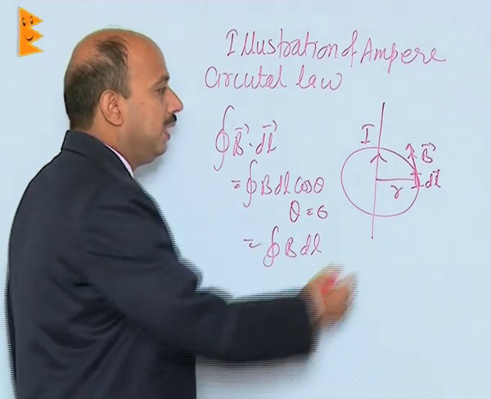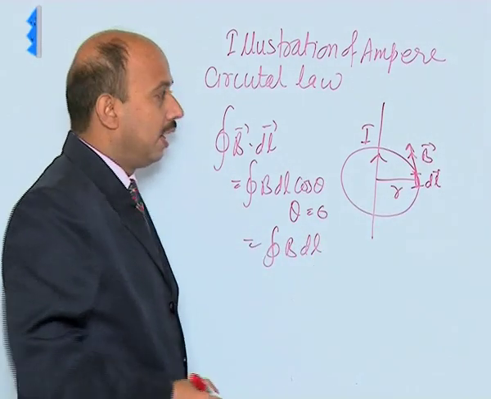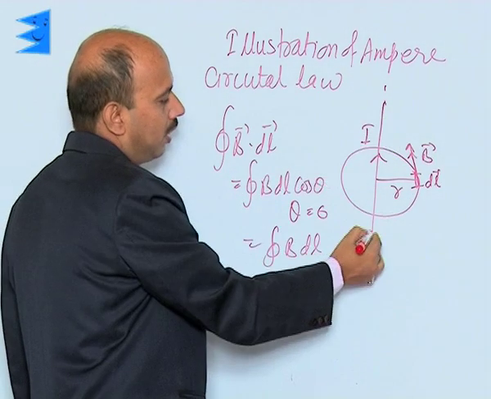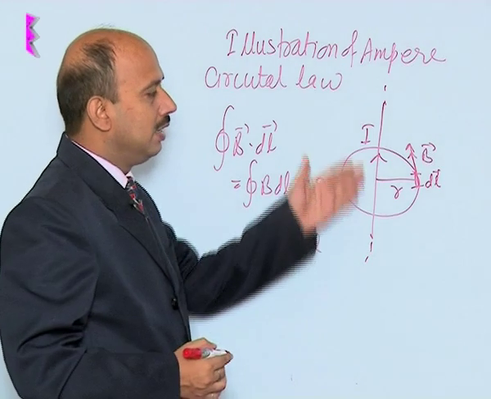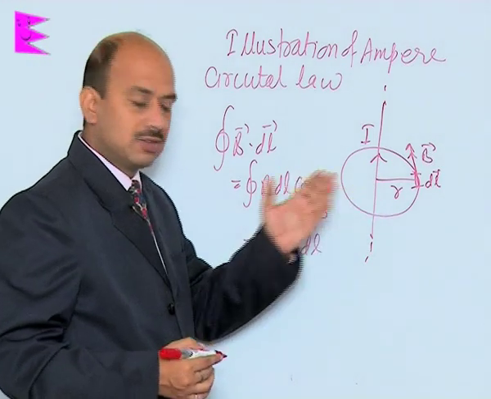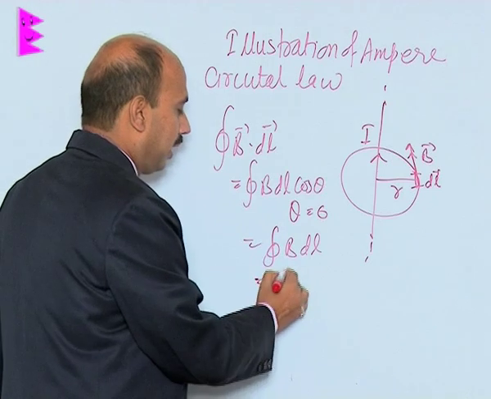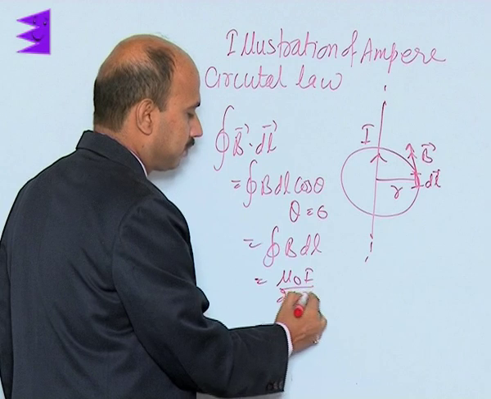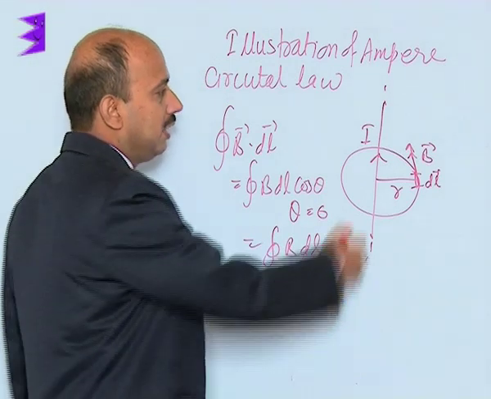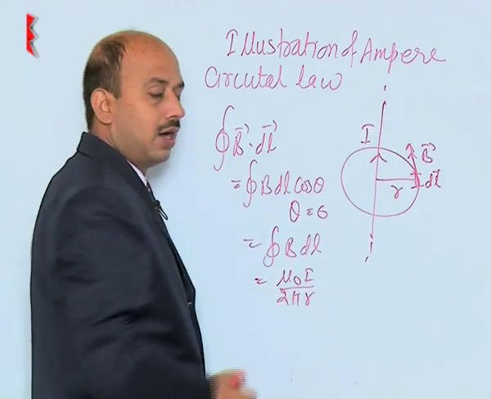Now, B is tangential to this, and this is an infinitely long current carrying conductor. So, the magnetic field due to an infinitely long current carrying conductor at a distance r, we can write as mu naught I upon 2 pi r. This is the magnetic field due to the straight conductor at point r.